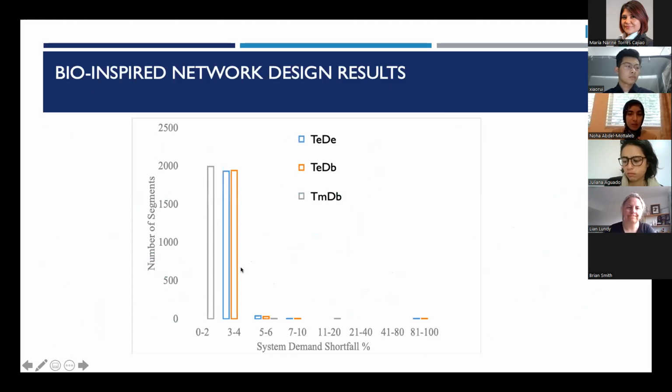The other thing that we looked at is the system demand shortfall distribution, and the forward model topology with the bio-inspired diameters performed a lot better. It had less system demand shortfall over all of the failure scenarios that were tested. However, even though the bio-inspired diameters network had some differences, it performed very similar to the empirical network.